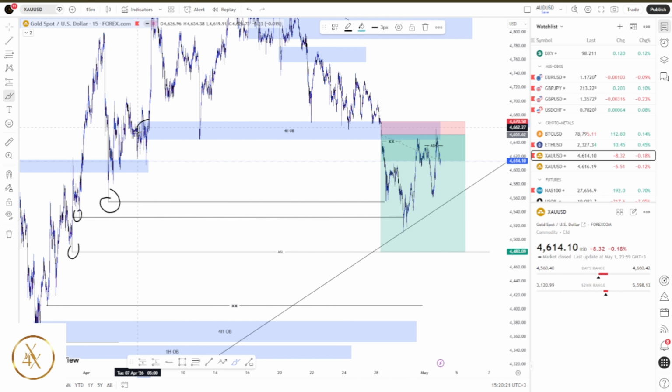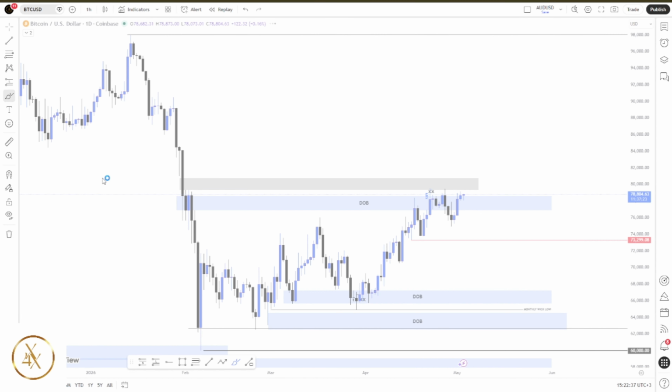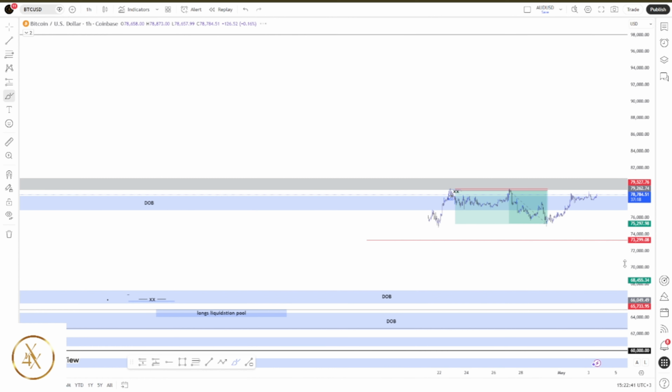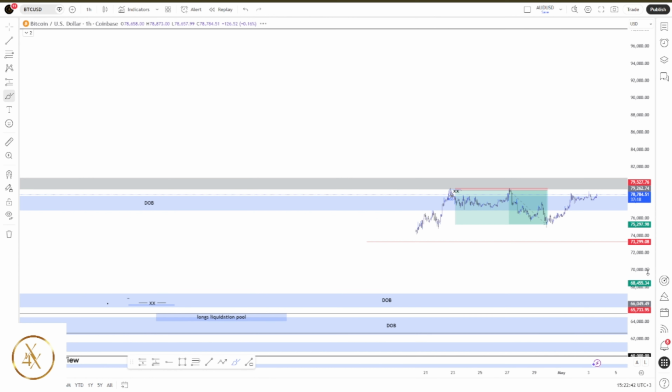So to break it down, we got a shift in the market on the smaller time frames. You can see on the 1 hour it immediately shows.